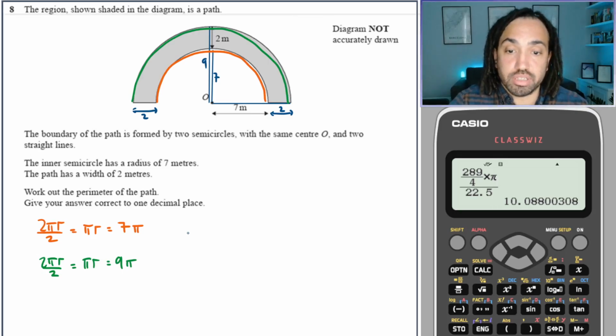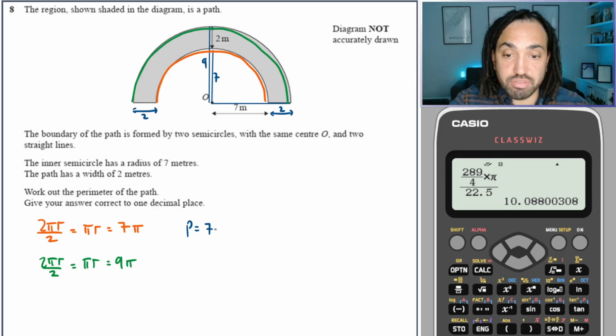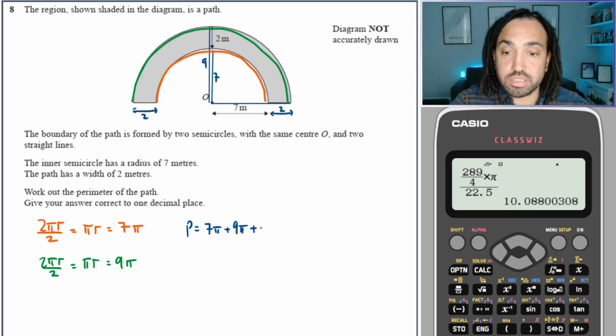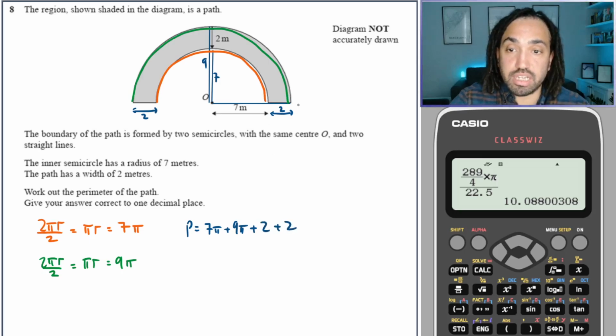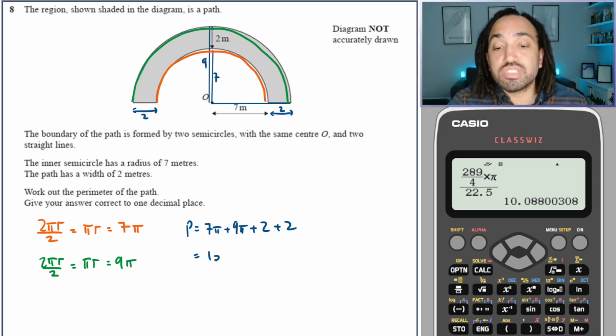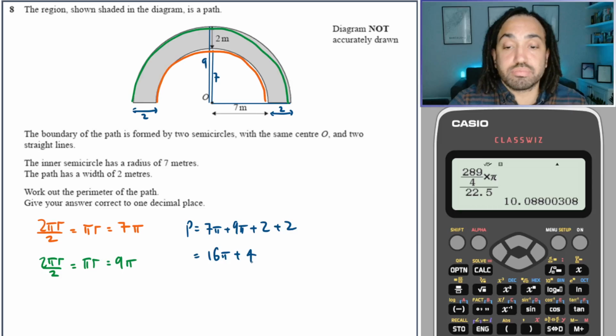Okay, brilliant. So the perimeter is equal to 7 pi plus 9 pi plus the 2 and the 2 at the end here. So that's a total of 16 pi plus 4.